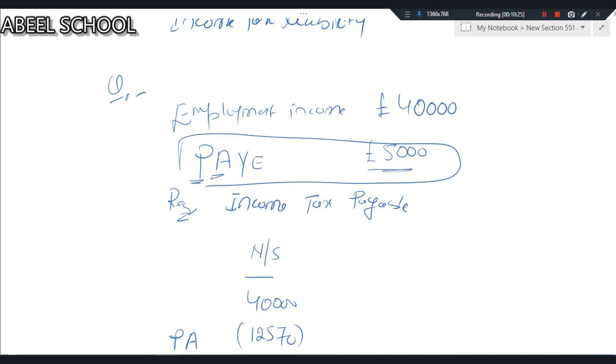Pay As You Earn, that is called tax which is deducted at source. So when you are working somewhere, logically they will be deducting the tax. So simply PAYE means the tax which is already deducted at source. You can say this is the tax which you have already paid in advance.